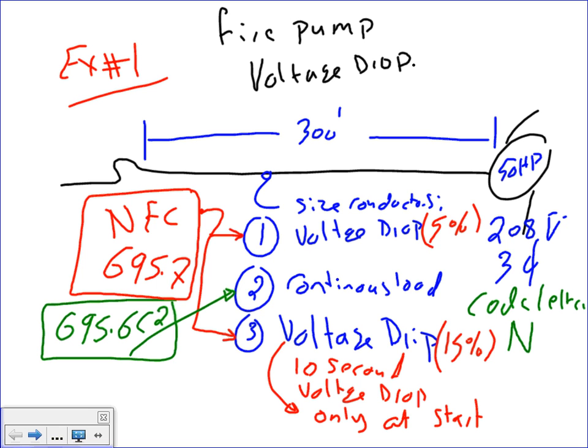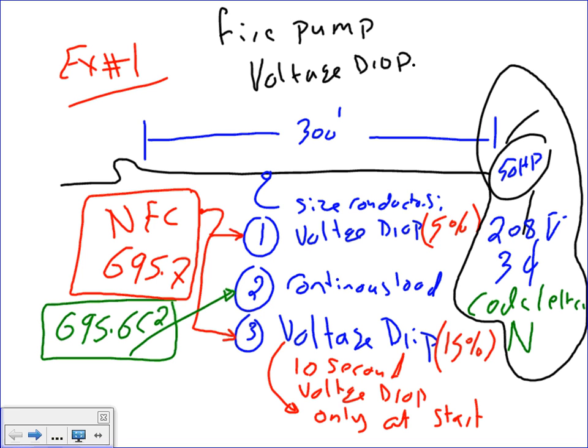Code letter N. Pay a lot of attention to code letter N. All this info right in here is given. All right, let's go ahead and start sizing. Anybody has an issue about the given? What are we given and what do we need to find? Yes, Ben, my friend.